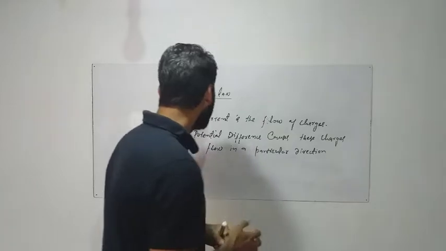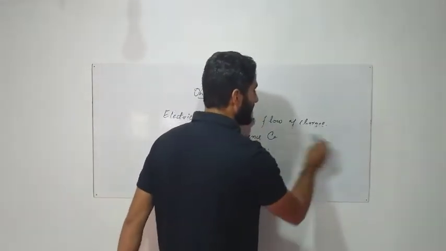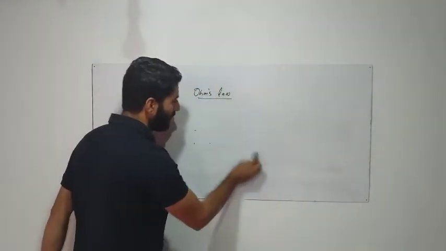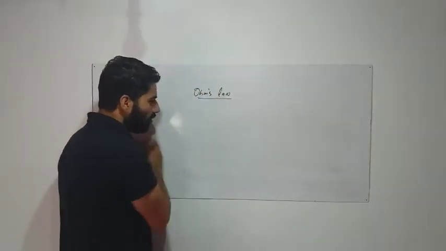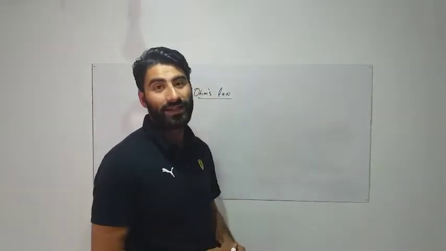So I'll write the law of Ohm, that's Ohm's law, in this way. It was actually Ohm, George Simon Ohm, who gave the relationship between this potential difference and this electric current.